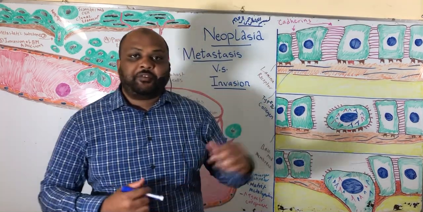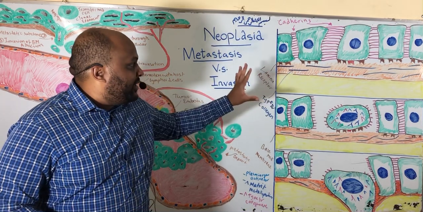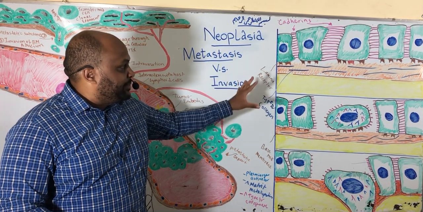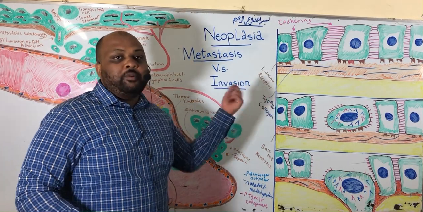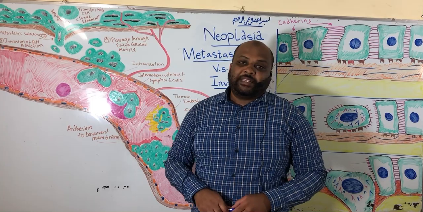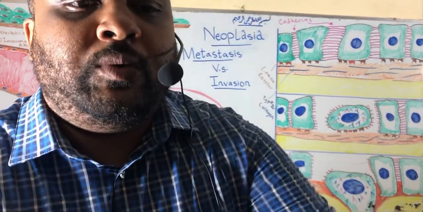So without any further ado, let's go to the diagram. On this side, we will go through the steps of invasion. Then we will come back and go through the steps of metastasis.